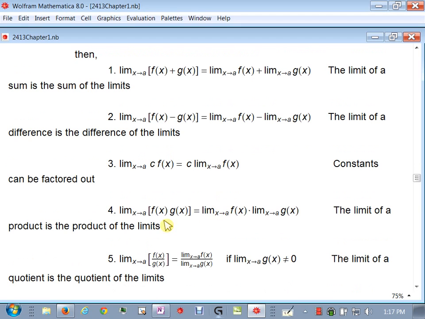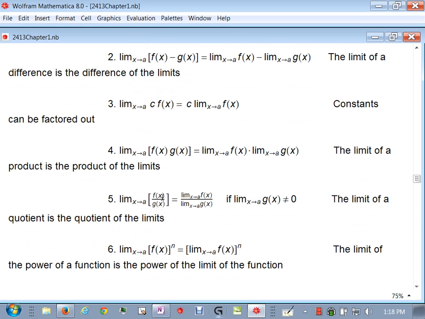The next one says if you have a product of two functions and you want to know what's happening, you can look at each one individually and then multiply their answers together. Division works the same way. If you're trying to figure out what's happening with the quotient of two things, you look at the top and bottom separately, get those two answers and divide.